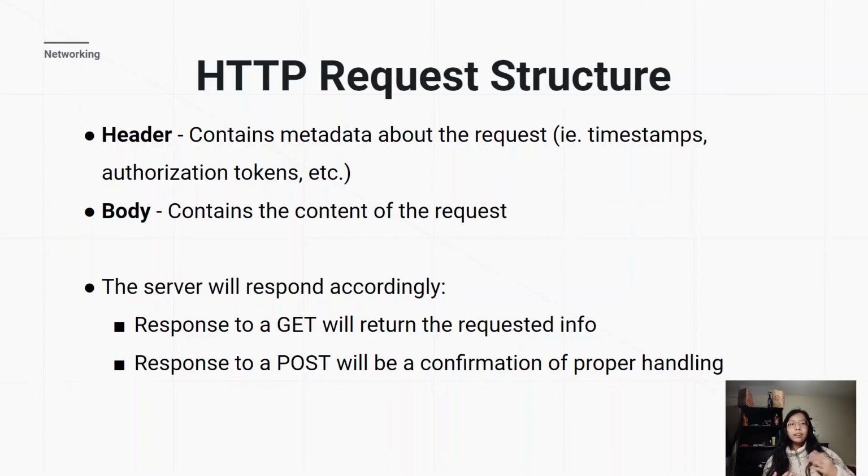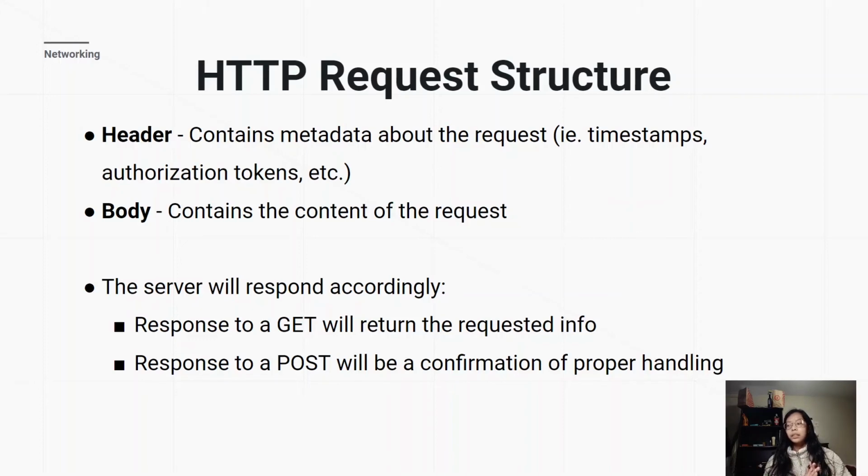And this just allows the receiver to know that the person making the request is a valid person and not a hacker or someone who shouldn't be making this request. This is more important if your API is private and you want to authorize the person making the request. And the body generally contains the content of that request. It might be something like, hey, I want information about this. Can you do this? Or it might say something like, hey, this is what I have information of. Please take it from me.